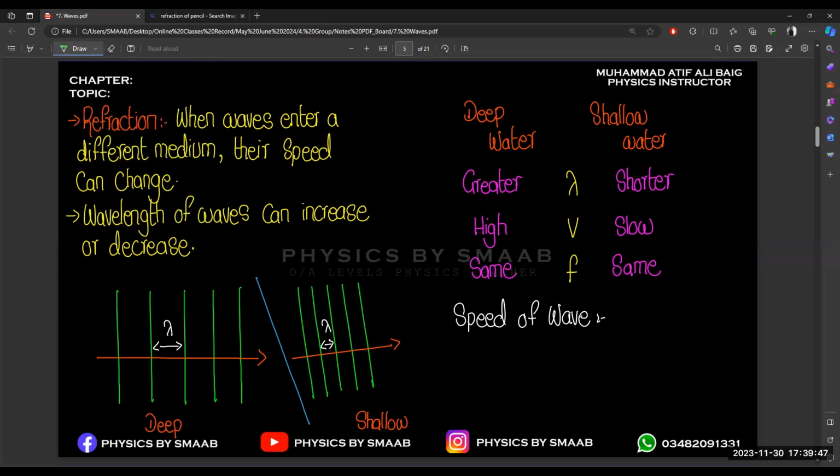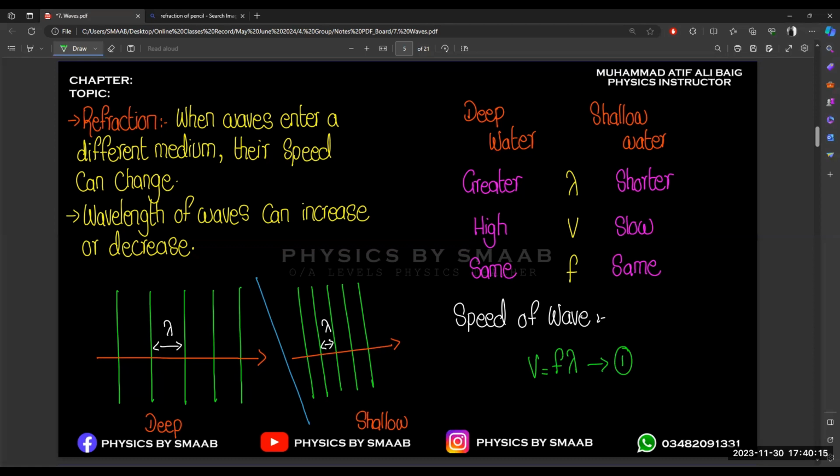So that's why we use a different formula: V is equal to F into lambda. So this is the formula for speed of wave. If you want to calculate the speed of wave, or let's suppose an unknown frequency or unknown wavelength, we use this formula to calculate any unknown quantity, right?